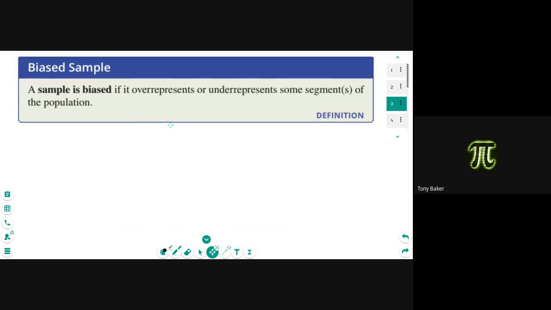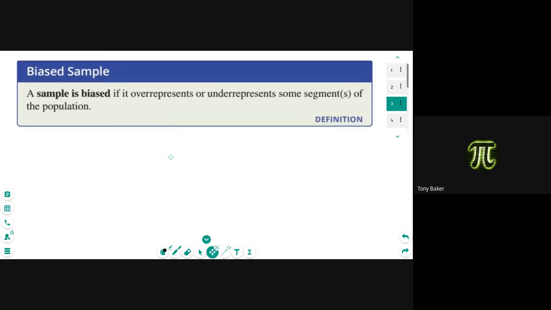A lot of times when we get that information back, this is the information we have. How do we use that information? Biased samples are ones that overrepresent or underrepresent some segment of the population. In that respect, the bias was we only saw the ones that survived. We didn't see any of the ones that didn't survive, which means we don't have data on that side.